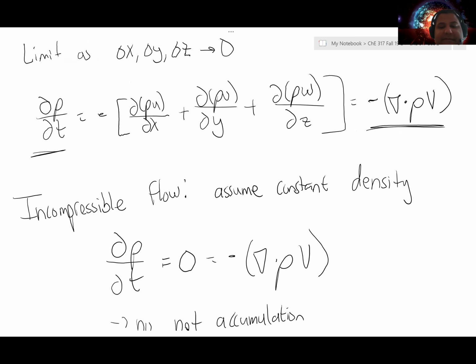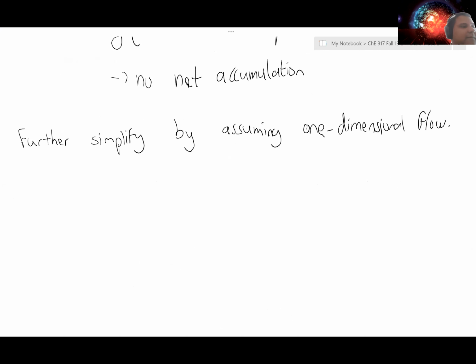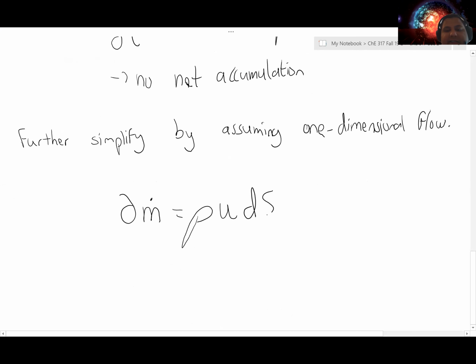And so reevaluating the initial expressions, but accounting for one-dimensional flow, we get a much more straightforward expression that says the differential mass flow rate is simply equal to the density of our fluid times its flow velocity times the differential cross-sectional area of flow.